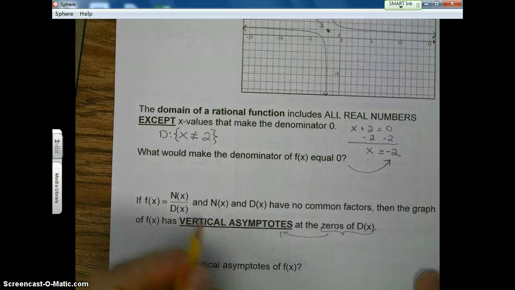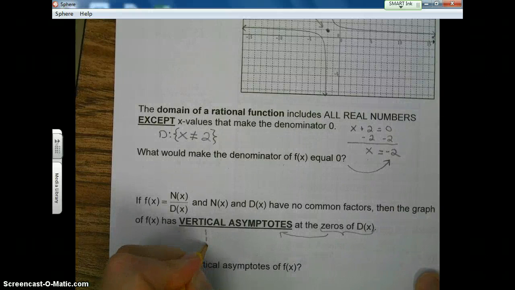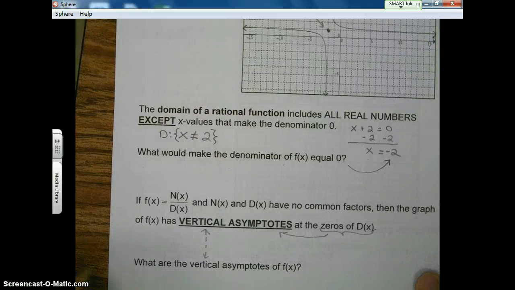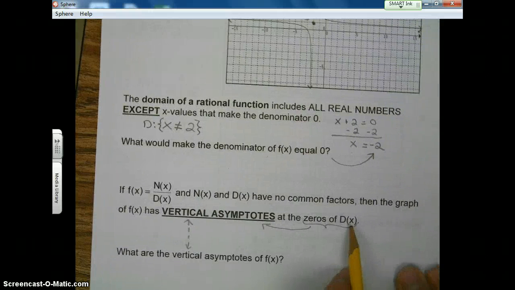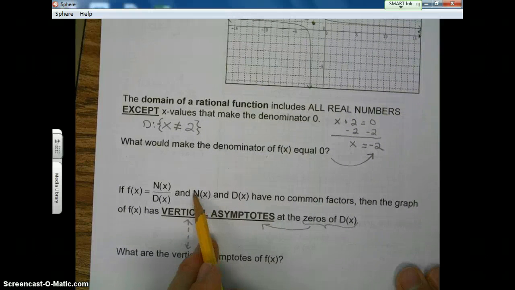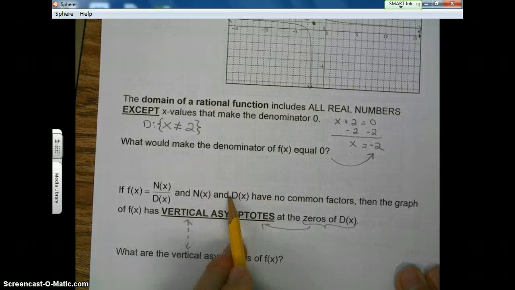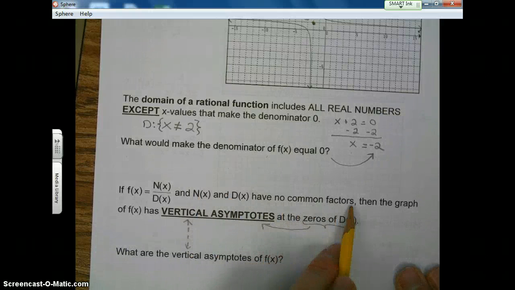Vertical means up and down. Now notice it says function n and function d have no common factors.